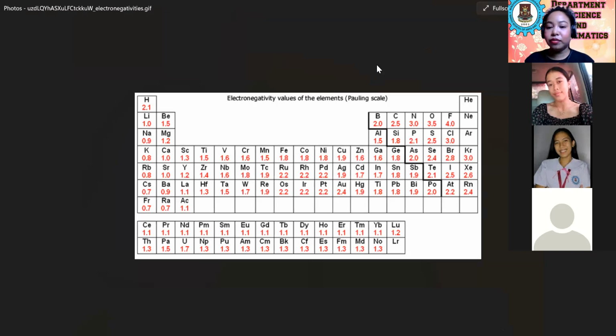Now, what is the value for carbon? Carbon has 2.5.